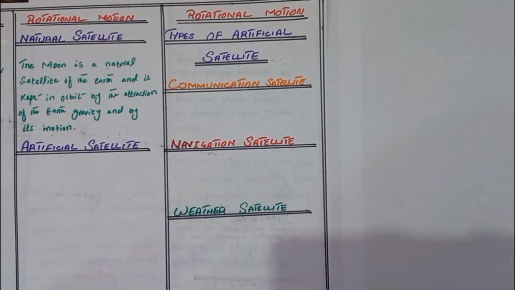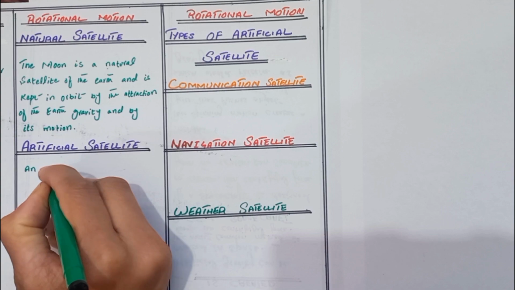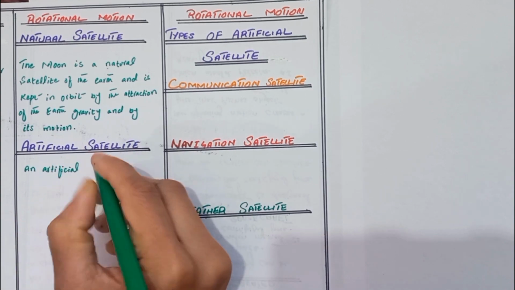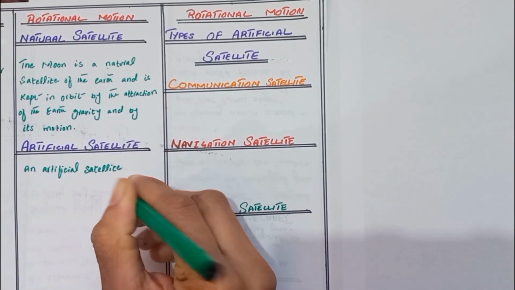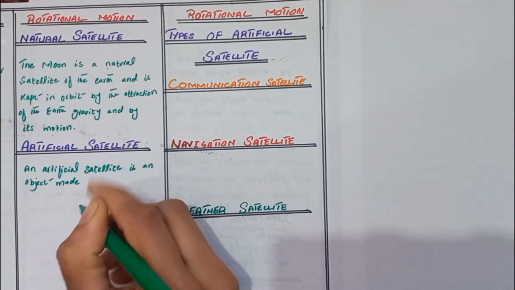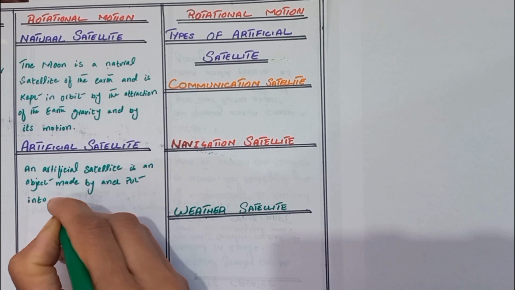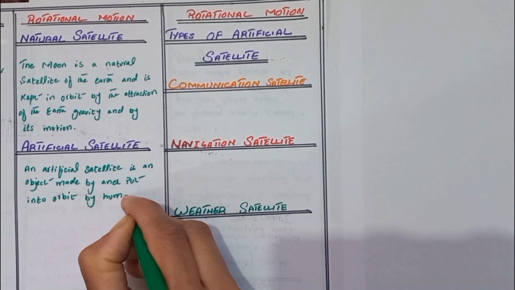Now we discuss the artificial satellite. An artificial satellite is an object made by and put into orbit by humans.